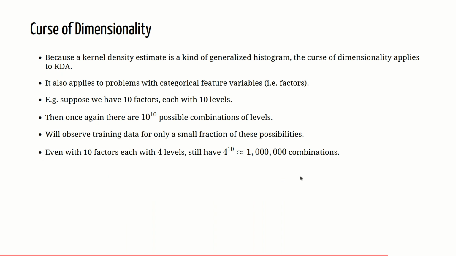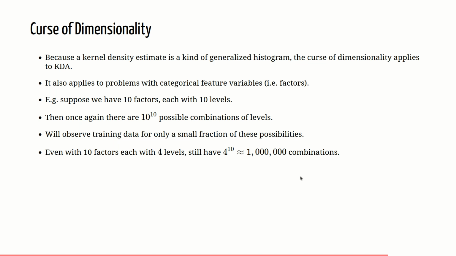And it also applies when we have categorical data, the same idea, right? So suppose we have factor variables. We have 10 factors, so 10 grouping variables, each that have 10 groups to them, so 10 levels. Then again, there's 10 to the 10 possible combinations of those levels for each observation. And so unless we've got more than 10 billion training rows, we're only going to observe a small fraction of those probabilities.